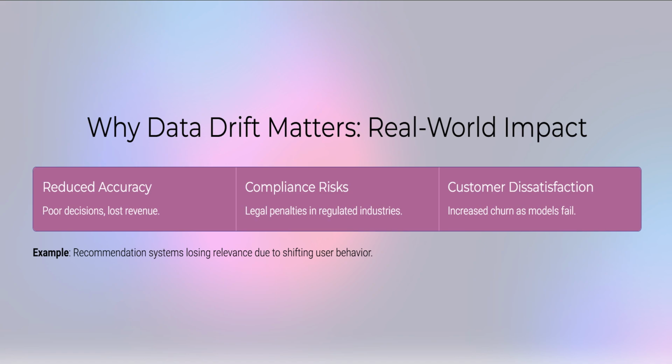Compliance risks: especially in regulated industries like finance or healthcare, using a drifted model can result in legal penalties. Customer dissatisfaction: as models fail in recommendation or service, user experience suffers, leading to increased customer churn. The example given is a recommendation system losing its relevance.